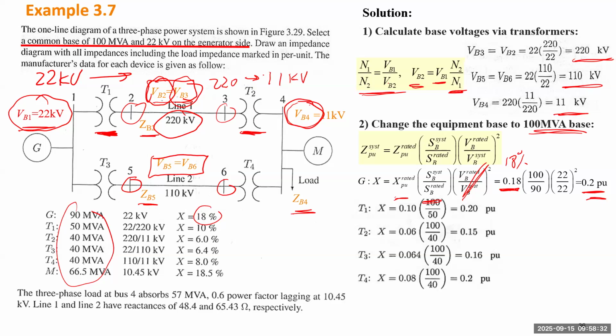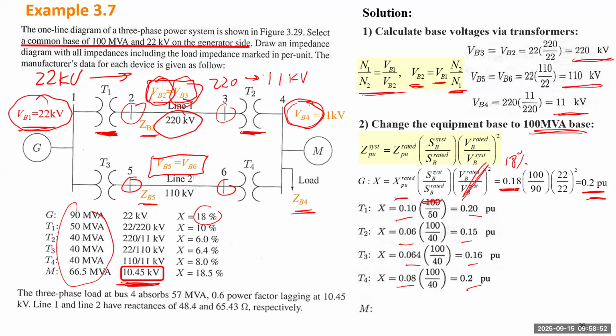Similarly, we can update the per unit value for the other equipment. You see they all change based on the original power rating and the new common power base. For the motor, on the plate they said it operates at 10.45 kV.